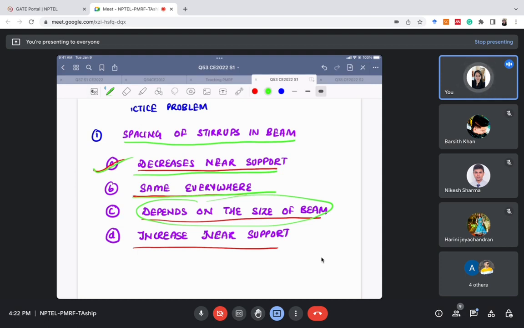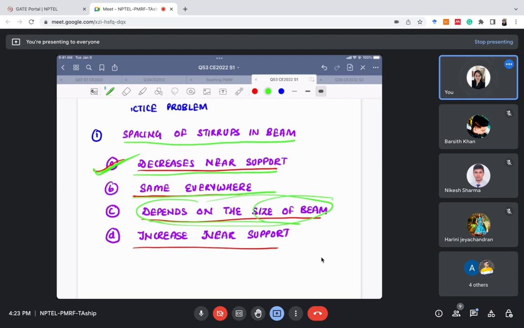So according to this context, the answer is A, that is, decreases near the support. Although this is a little contradictory, because obviously we calculate on the basis of the size, the intent of the question was how the change in spacing takes place, and whether the spacing changes because of the size of the beam or not.